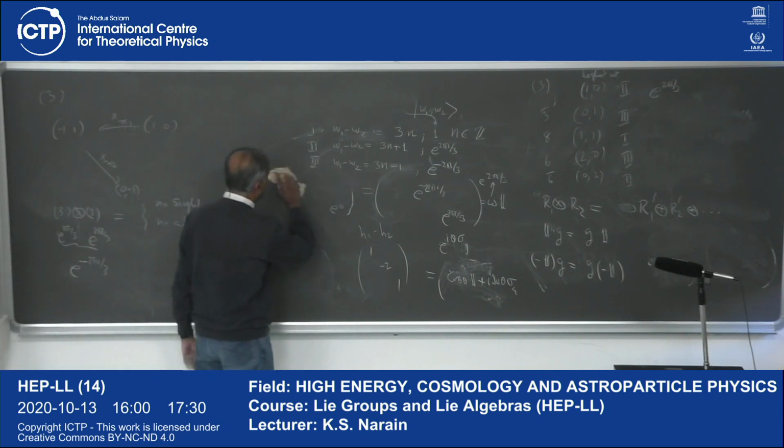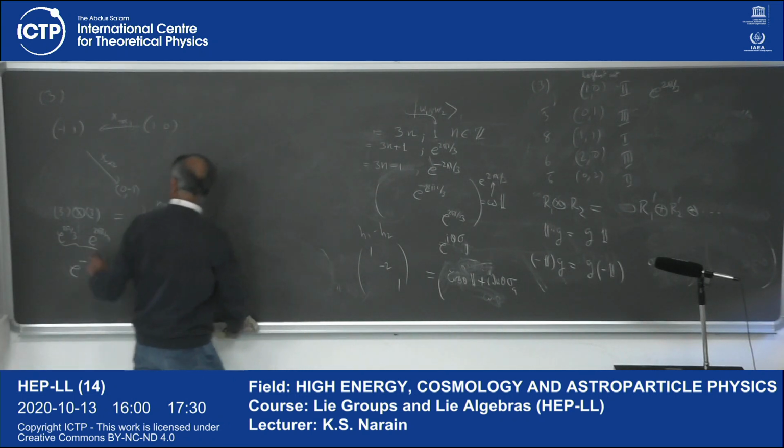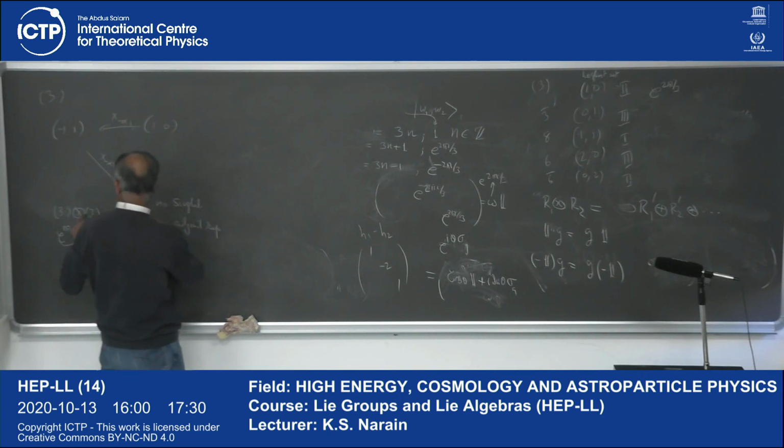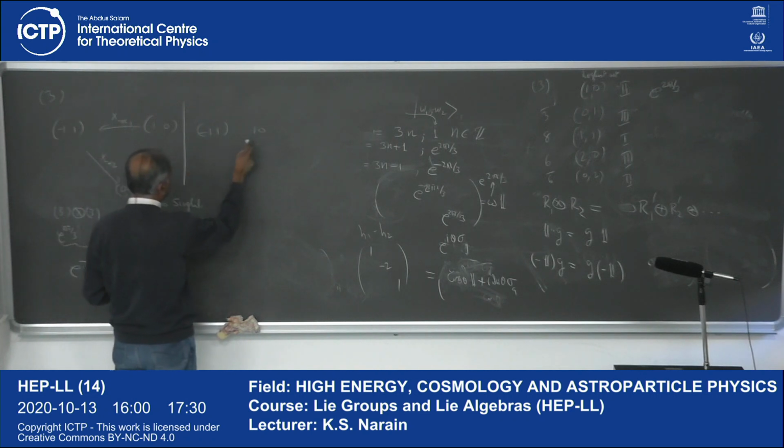So altogether, the total number of states is what? 3 times 3, right? It's a tensor product, so you have to take the product of dimensions. So there are 9 states. How do we get the 9 states? We have the first one and the second one exactly the same: 1, 0; minus 1, 1; 0, minus 1.